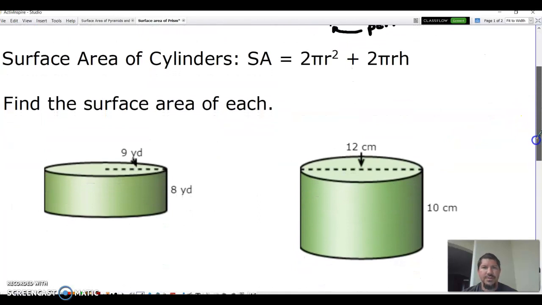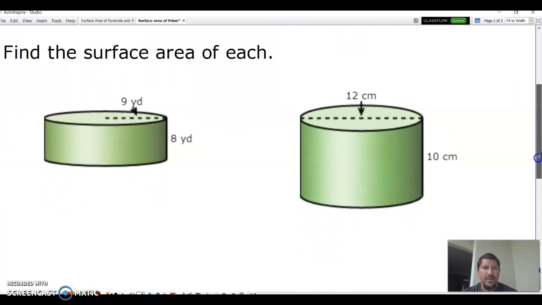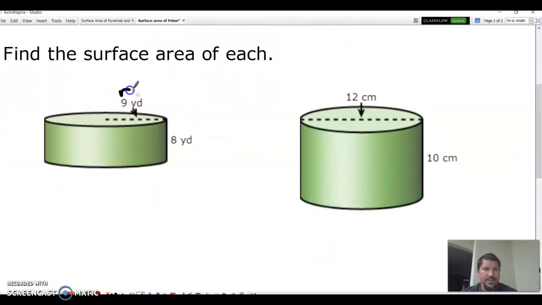Okay, so we'll start with the cylinders. So there's R, there's H, so surface area is 2 times 3.14, because they're going to want you to use 3.14 in IXL.